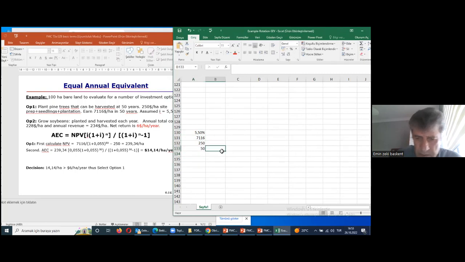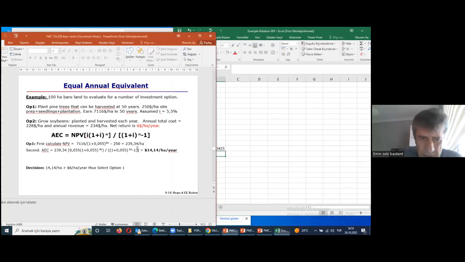So we'll calculate first the net present value, which is the total revenue divided by 1 plus the interest rate to the power of 50 years, minus the cost. So 239, which is the same thing, right?